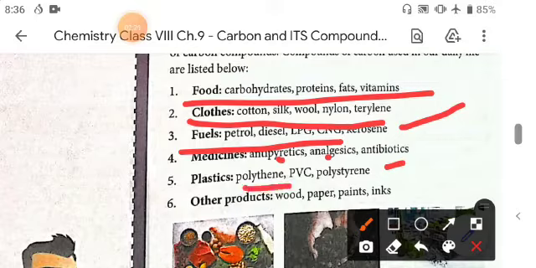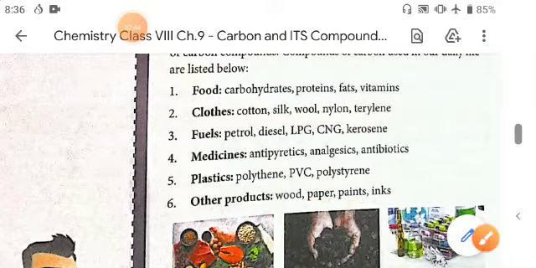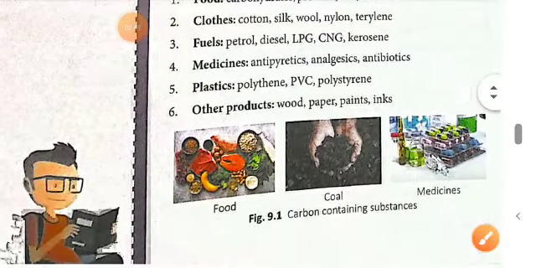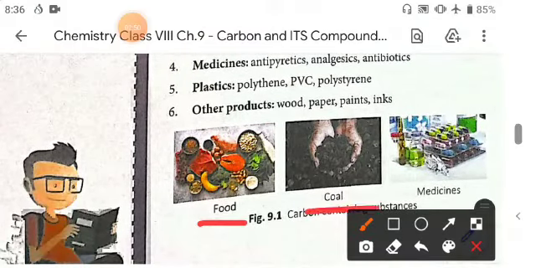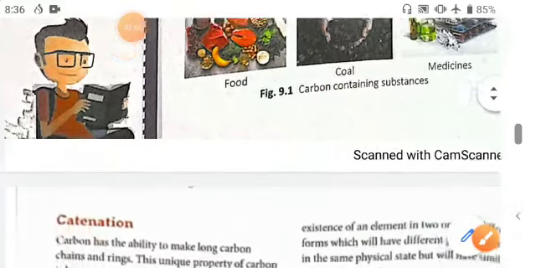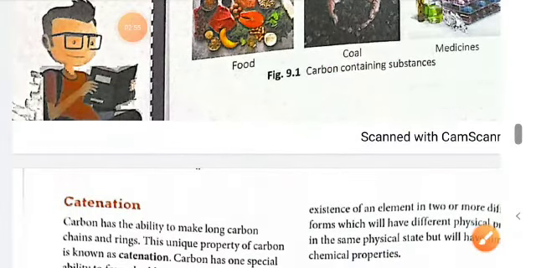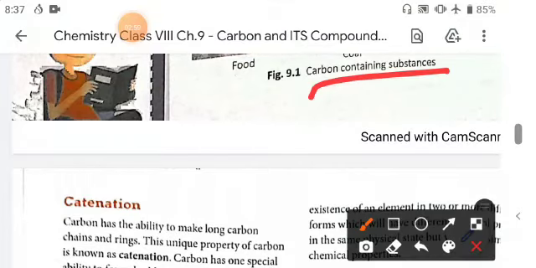Plastics like polythene, PVC (polyvinyl chloride), polystyrene are carbon compounds. Other products like wood, paper, paints, inks are also made up of carbon and its compounds. Here a figure is shown about food, coal and medicines. These are carbon containing substances.